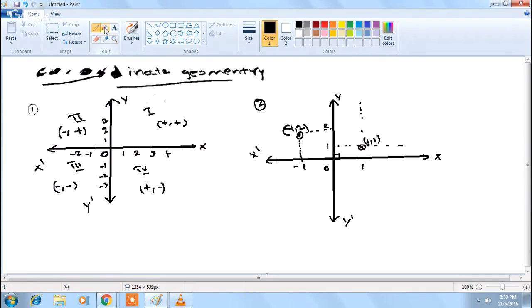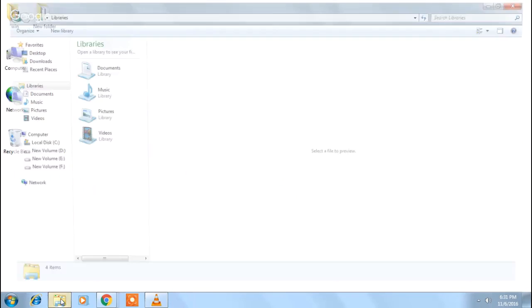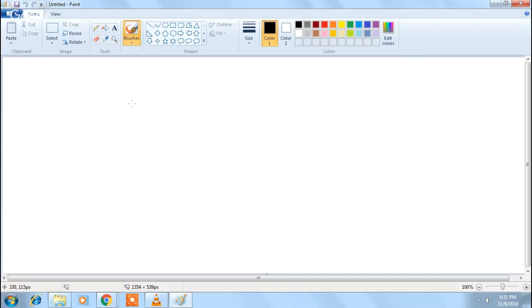Next, the most important thing we have to know is the distance between points in the quadrant system.